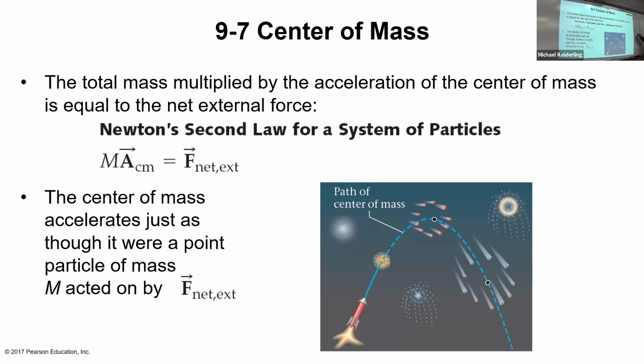And the total mass times the acceleration of the center of mass is equal to the sum of the external forces. The center of mass accelerates just as though it were a point particle of mass M, the total mass, acted on by the net external force.